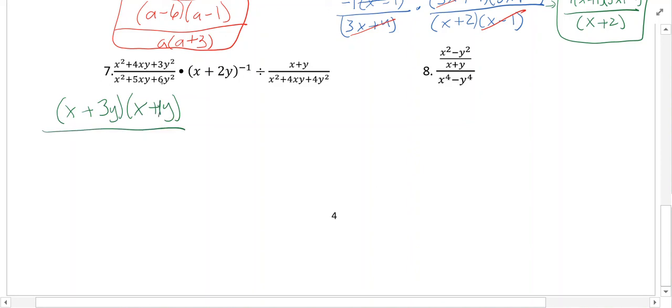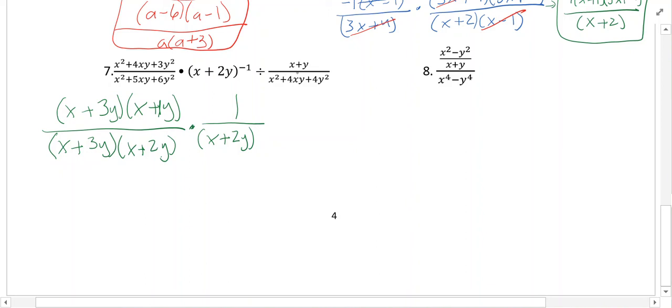So on the bottom, we're looking for the factors of 6 that add to 5. So that's going to give us x plus 3y and x plus 2y, because that would multiply to 6, but it would add to 5. This middle one, it's multiplication, but I need to make this negative exponent positive. So I'm going to flip it. So it becomes 1 over x plus 2y. And remember, it's to a positive 1, but it's implied, so you don't have to put it there.